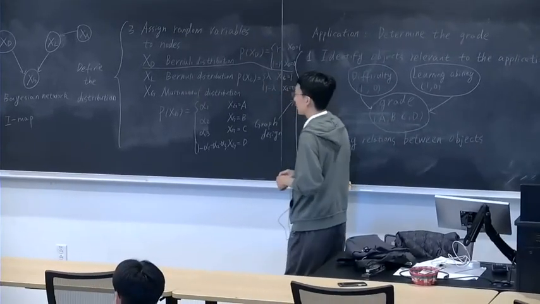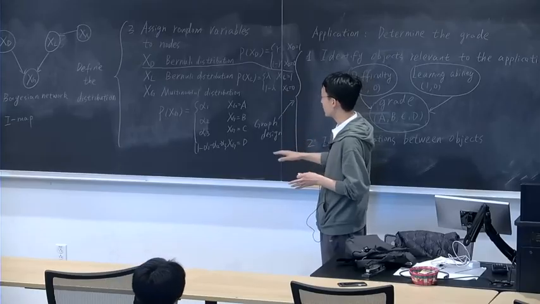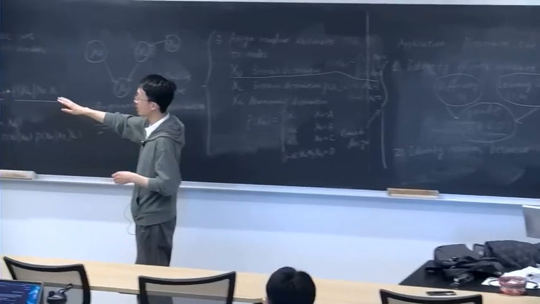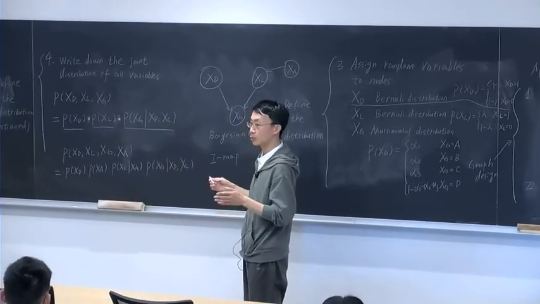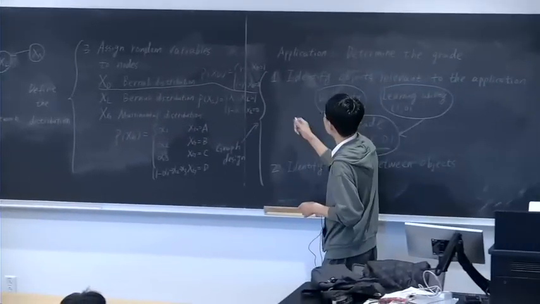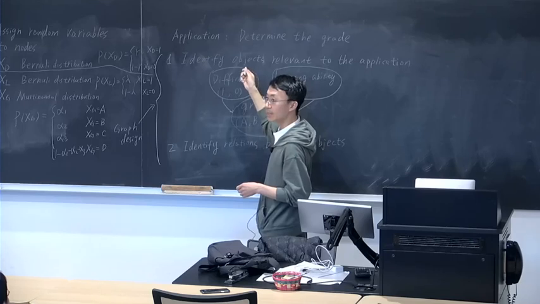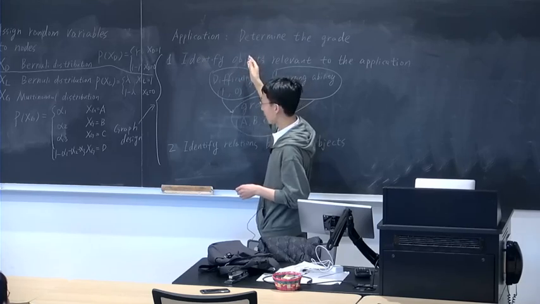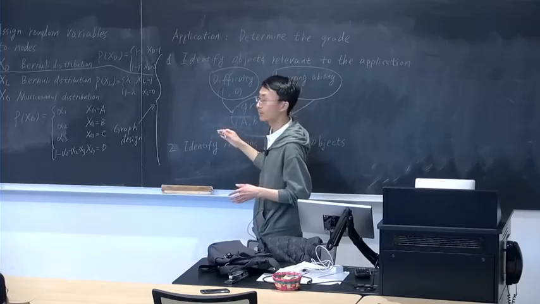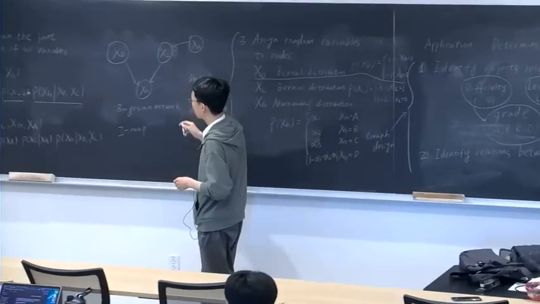Yeah, let's do a recap. So overall, we have 2 steps. One is to design a graph. The other is to define the distribution by leveraging the graph. When you are designing the graph, you need to identify the key objects that are needed in your application. And then you need to identify the relations between the objects. Given the objects and the relations, you get a graph.